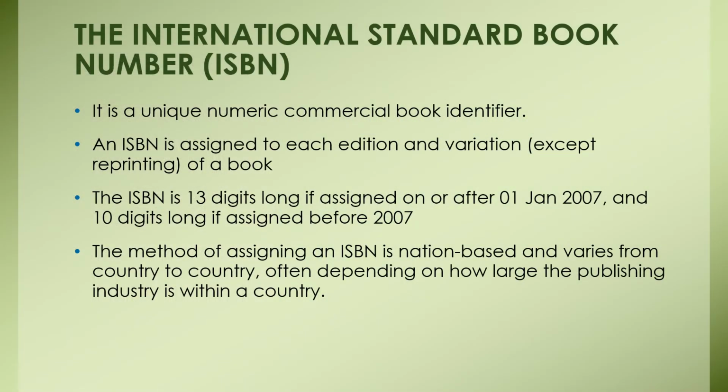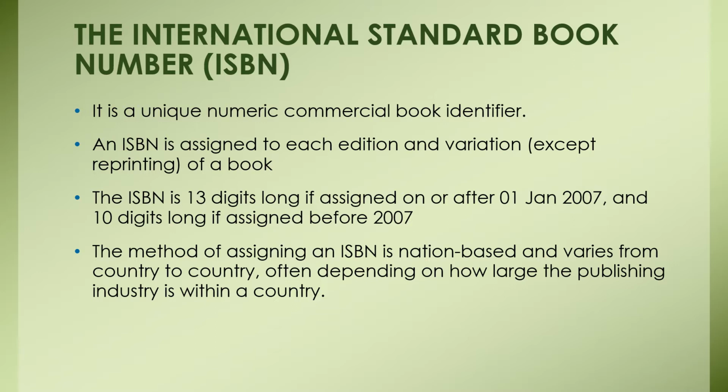So to start discussing the International Standard Book Number, or the ISBN, we are going to know first what an ISBN is. It is a unique numeric commercial book identifier which is assigned to each edition and variation except reprinting of a book.